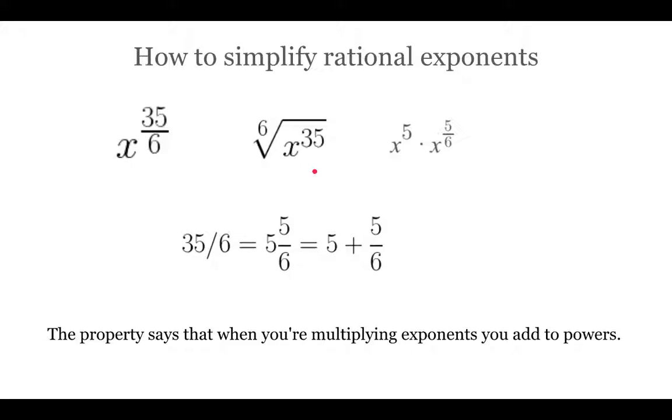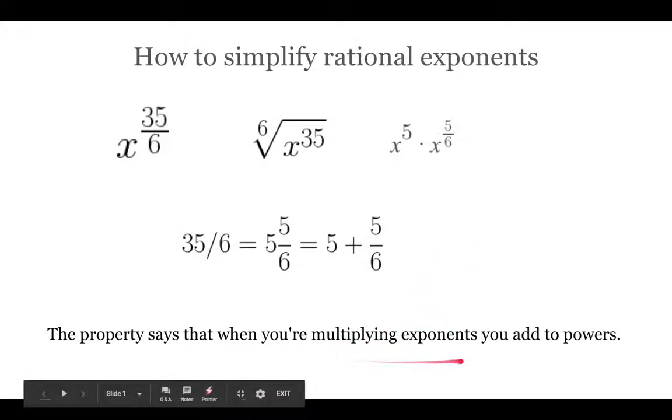So if you were going to take it one step further and simplify it, you would use this idea that 35 over 6 is the same thing as 5 plus 5/6. And we get to use this property down here that says when you're multiplying exponents, you add the powers.